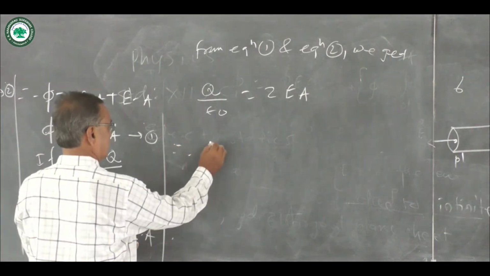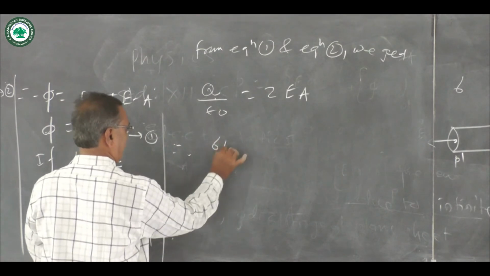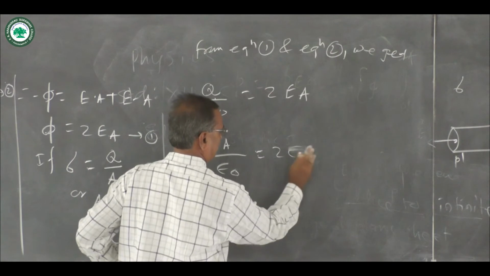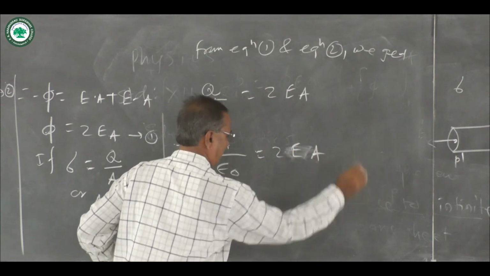So therefore here substitute sigma A by epsilon naught equal to twice E into A.